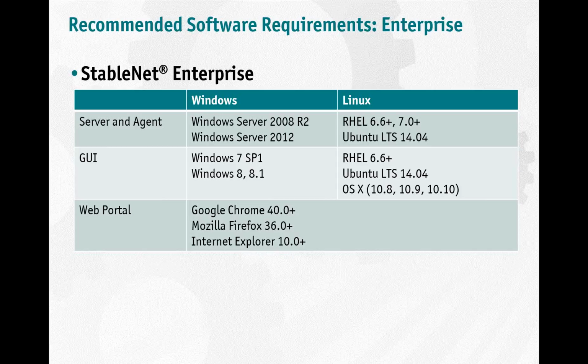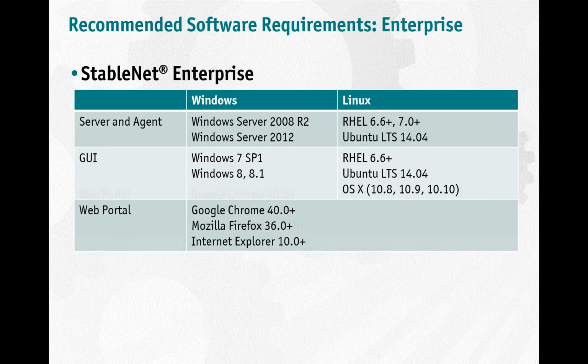And as we also did some major changes to the web portal, we now increased the versions for the supported web browser. So in here we now need a Google Chrome in version 40 or above, Firefox version 36 or above, and Internet Explorer version 10 and above.